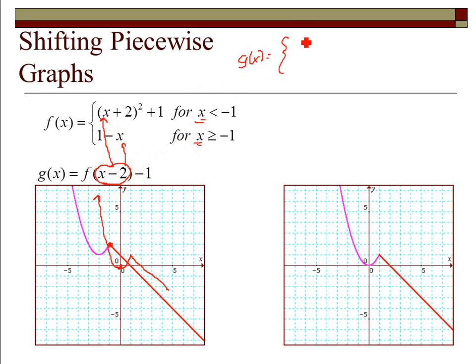So what happens here, I've got x minus 2, that's replace the x, plus 2 squared. Then I had the plus 1. Then I've got minus 1 right here. And this is 4. I'm replacing the x with x minus 2.